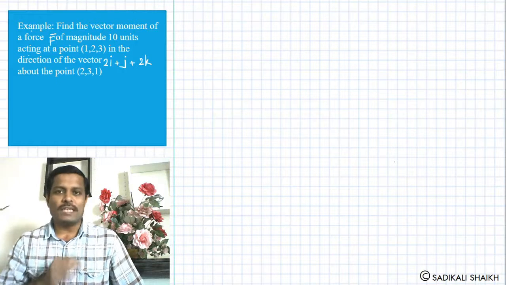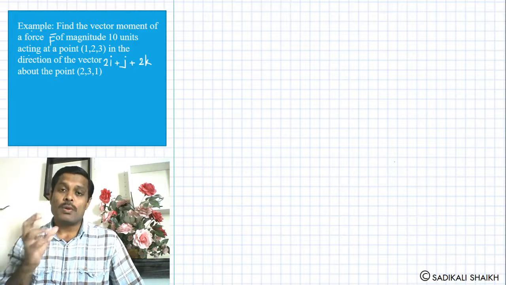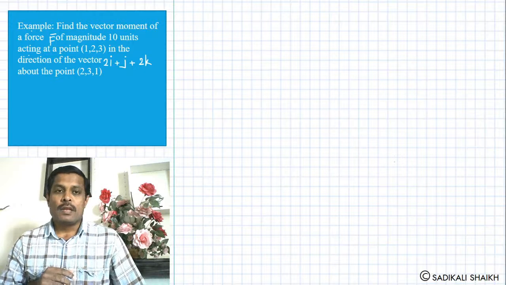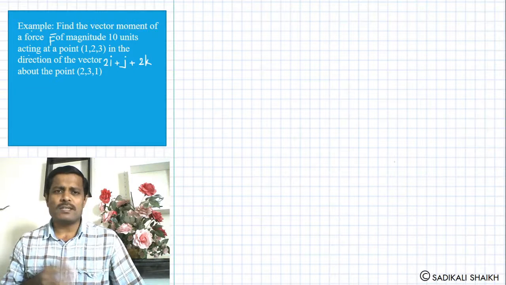The name is not given, but for our convenience we can assume one particular name for that point. And the force is acting in the direction of the vector, which is in the standard form 2i plus j plus 2k, about the point. Here also the name is not given.